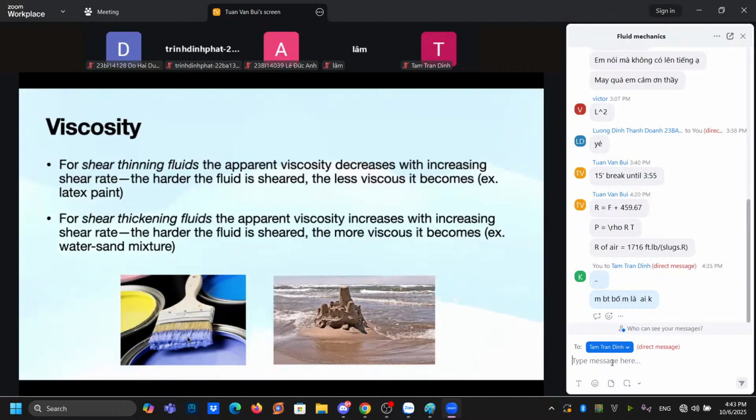And the first case here is for shear thinning fluids, the latex paint. It will not drip from the brush because the shear rate is small and the apparent viscosity is large, but it can flow smoothly on the wall because of the thin layer of paint between the wall and the brush.